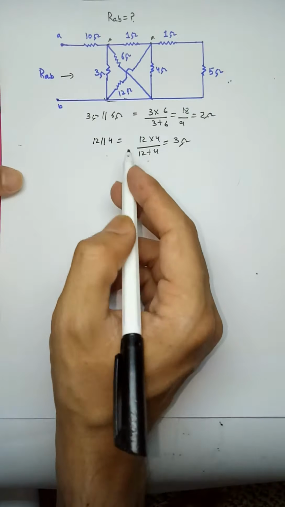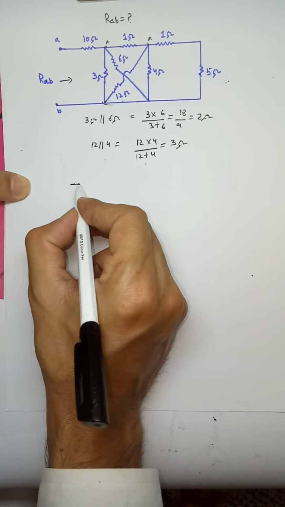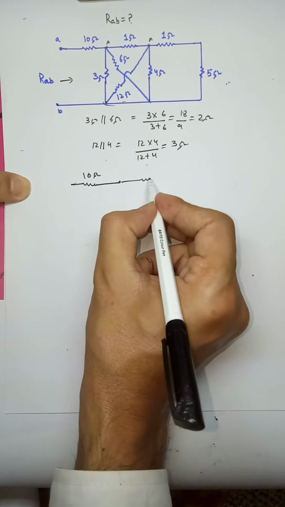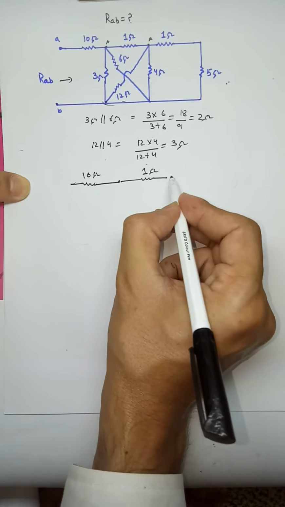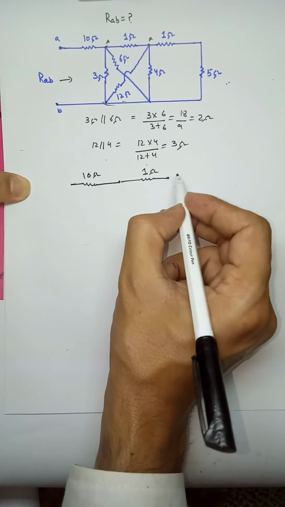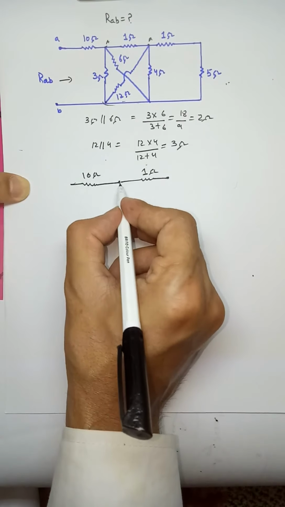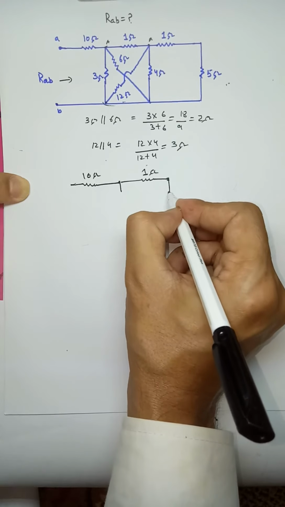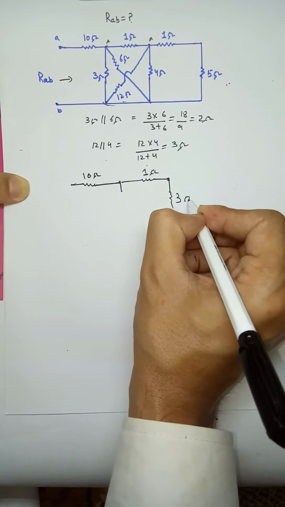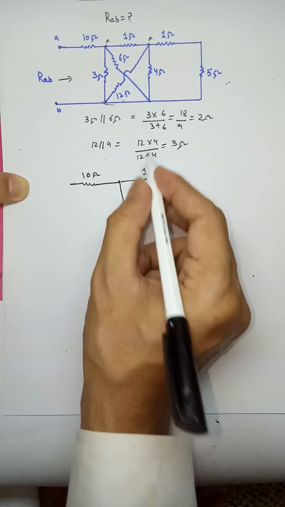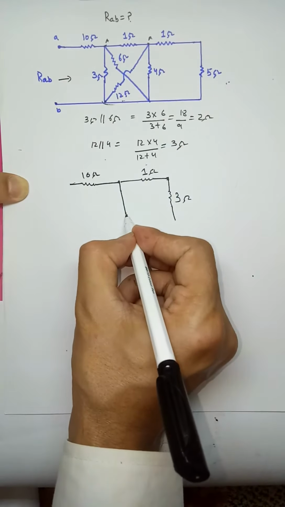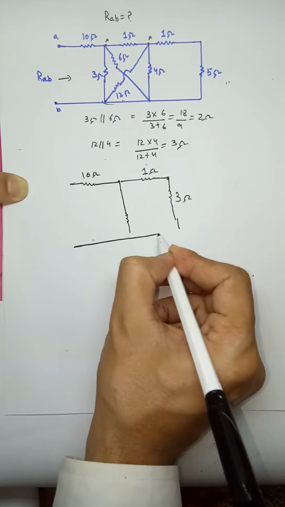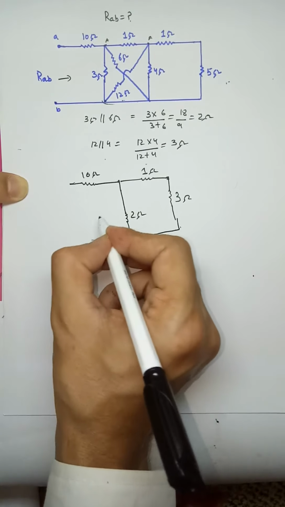So after solving these, you can write the reduced form of the circuit, and you can draw the reduced form in this way: 1 ohm, and here we have 3 ohm, and for these two you can write 2 ohm. 2 ohm, 3 ohm.